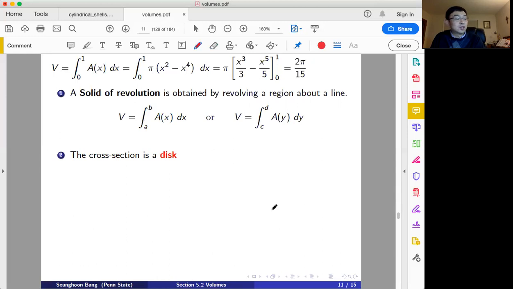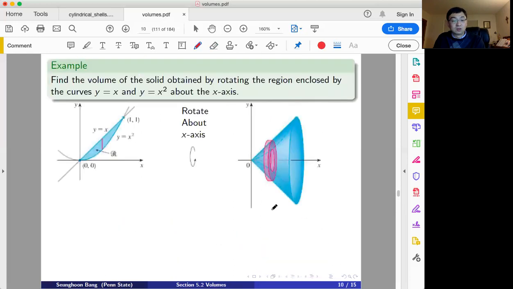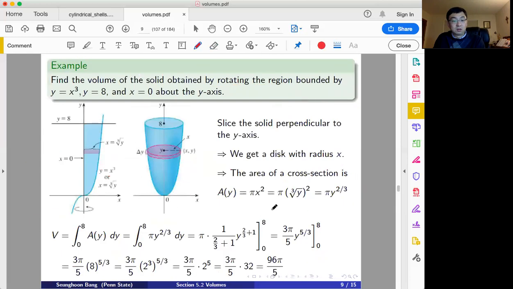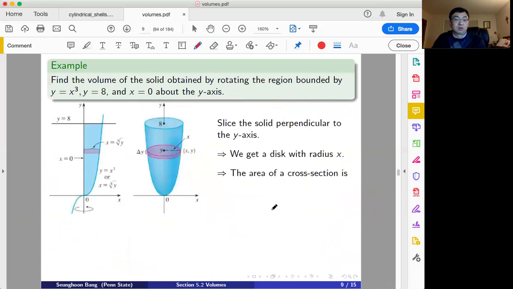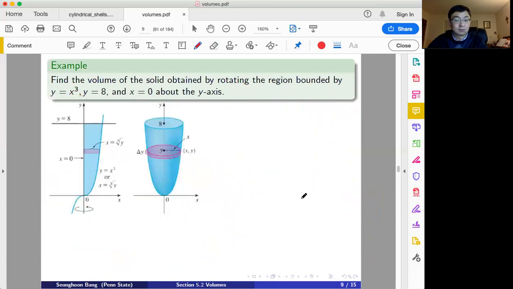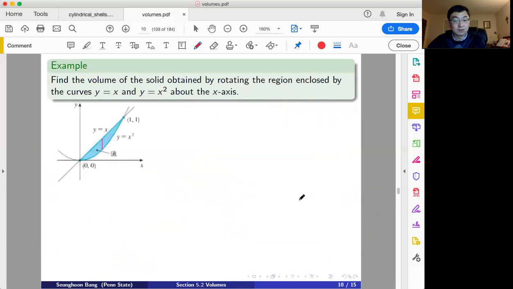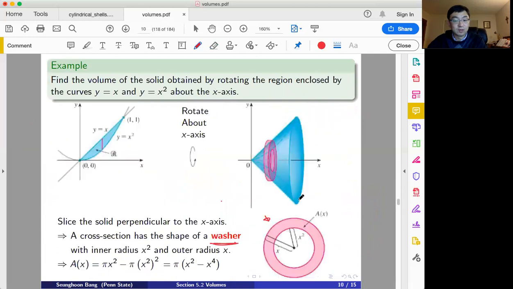The first cross section is only a disk. Remember the previous one, not this one. So here, this kind of problem, we have a disk. The second one is a washer. This one is a washer.